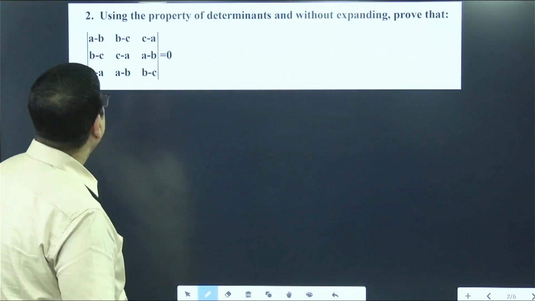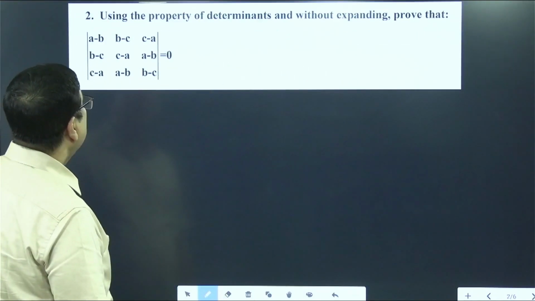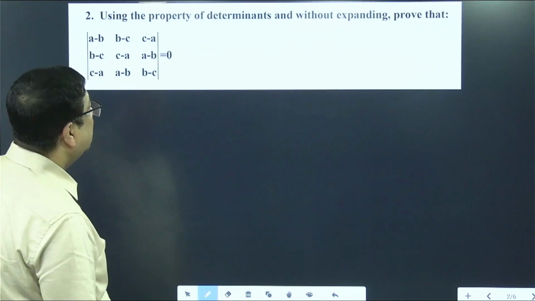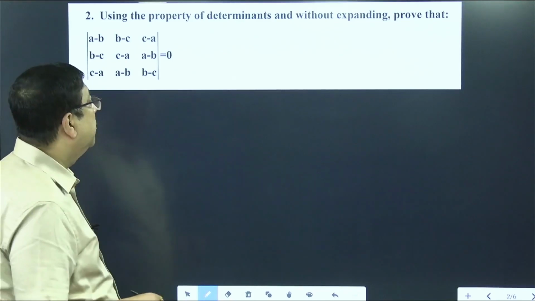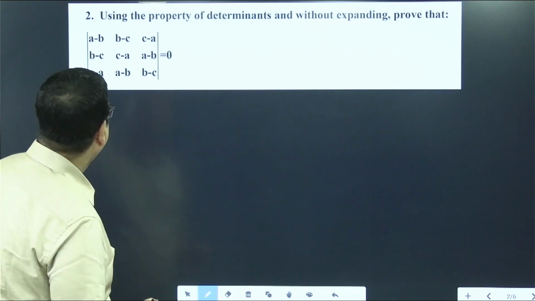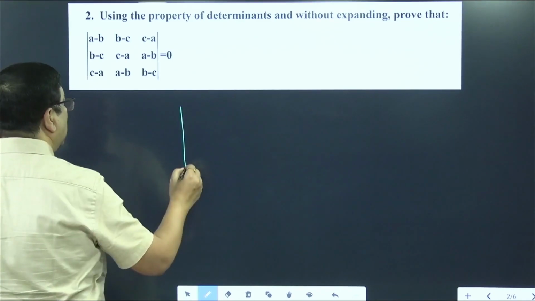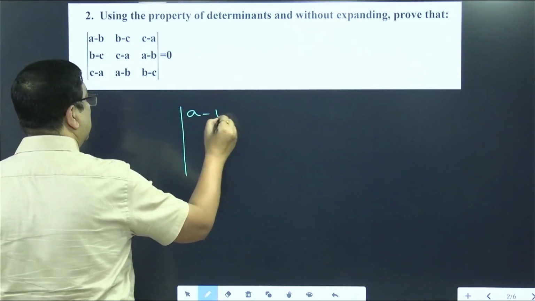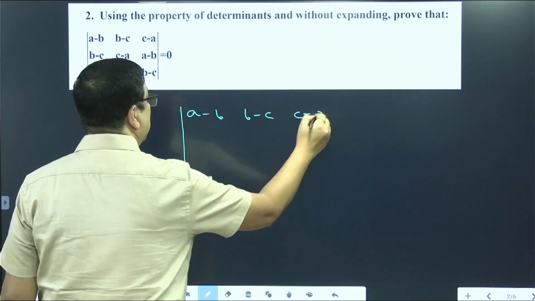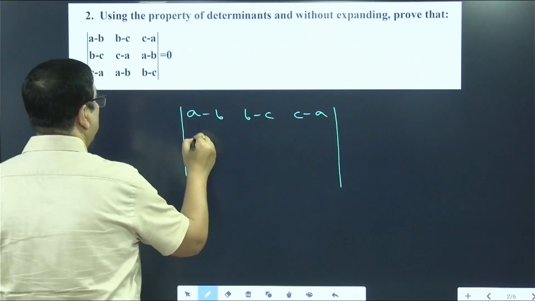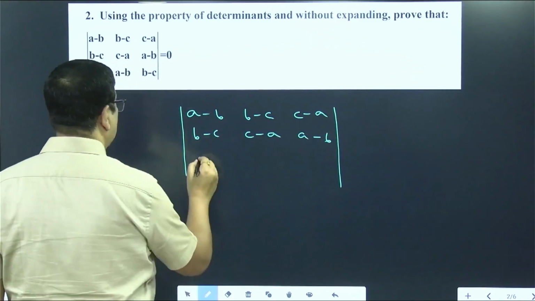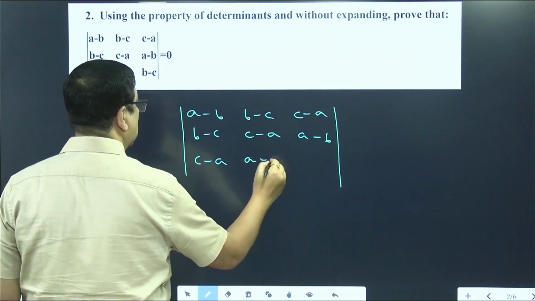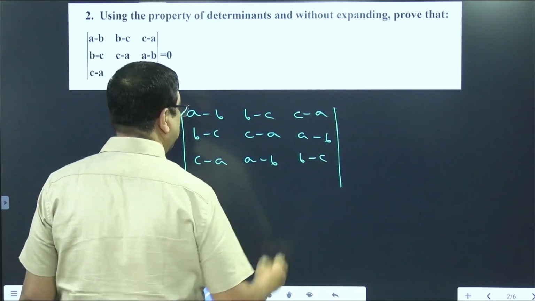Question number 2 is given. Using the property and without expansion, similar type, prove that the determinant, I am writing the determinant: a minus b, b minus c, c minus a; b minus c, c minus a, a minus b; c minus a, a minus b, b minus c.